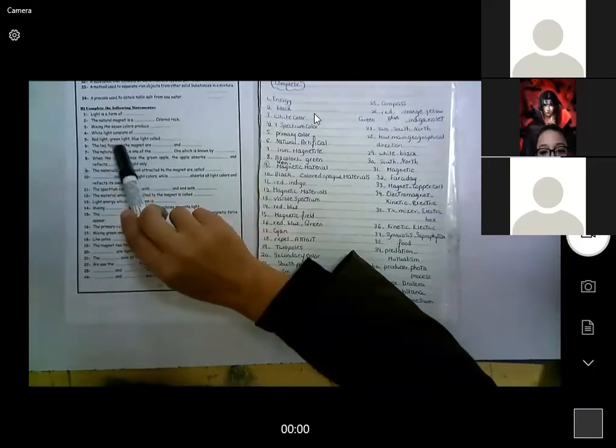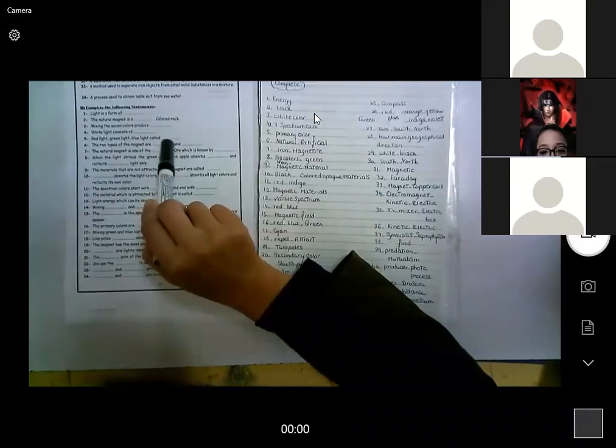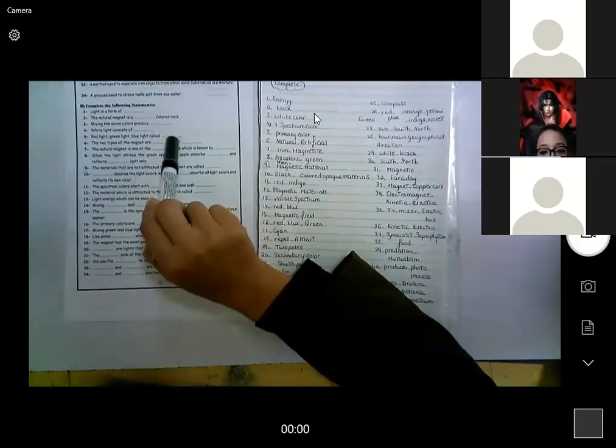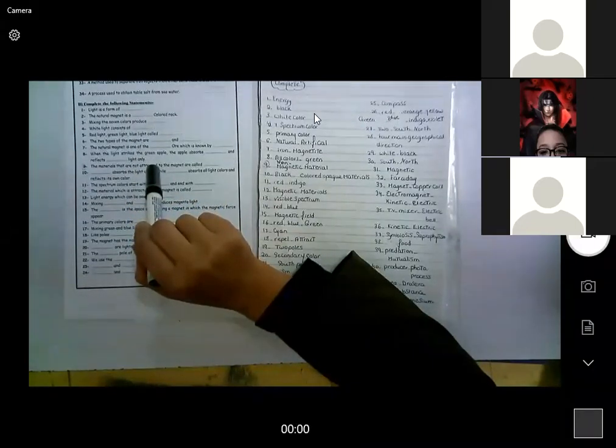Red, green, blue, called primary colors. What about cyan and magenta and yellow? Cyan, magenta, and yellow are called secondary colors.